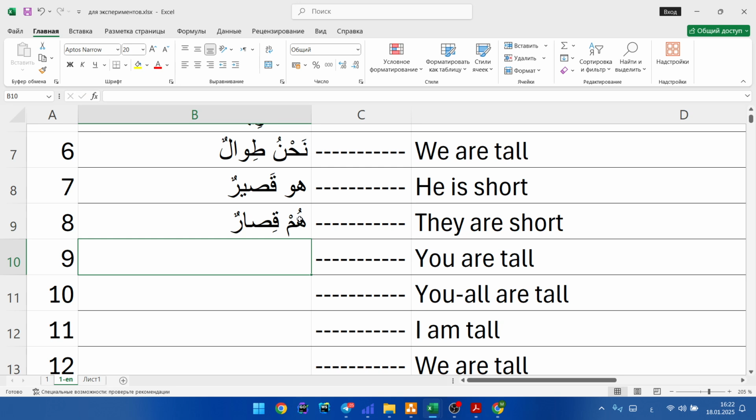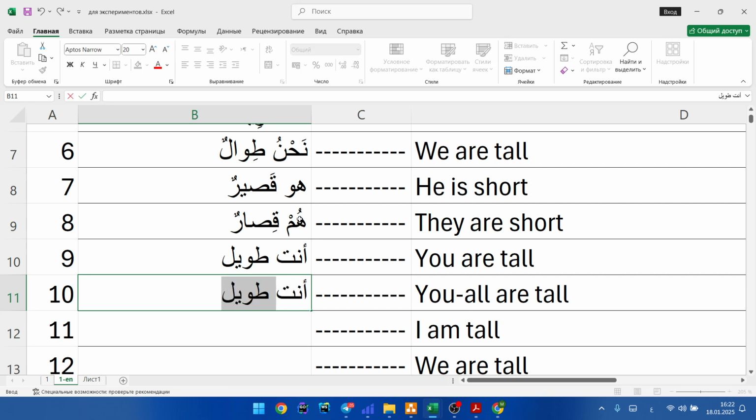Okay, you are tall. How to say you? أنت tall طويل. You all guys are tall. أنتم طوال. Please pause the video and try to say it by yourself. طوال.